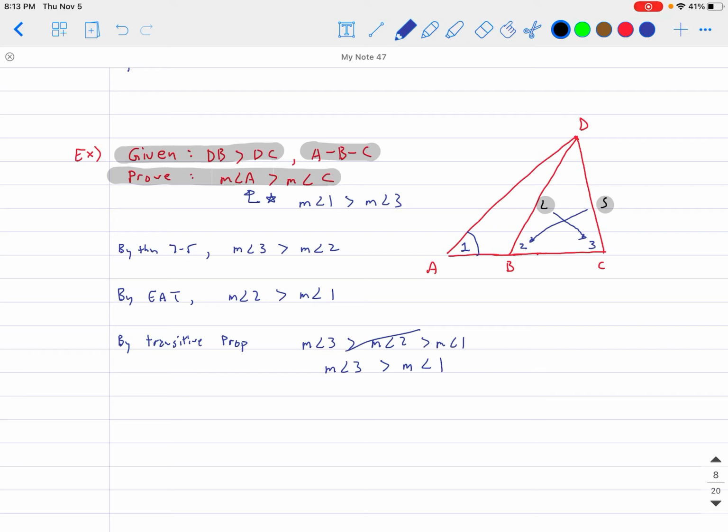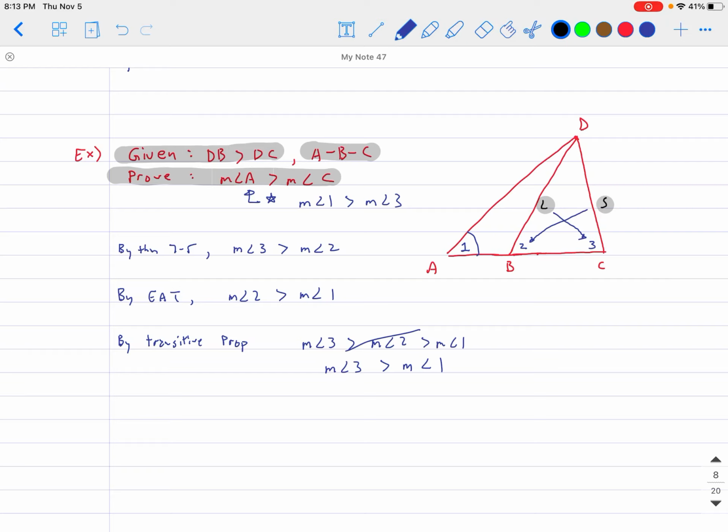Wait, actually, hold on. Something is kind of strange here. The measurement of angle 1 is supposed to be greater than the measurement of angle 2. Or actually, wow. I think I might have written down the proof wrong. So that was actually kind of my fault.